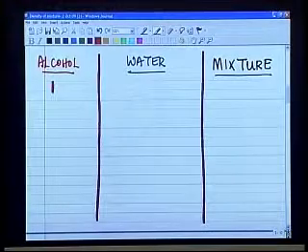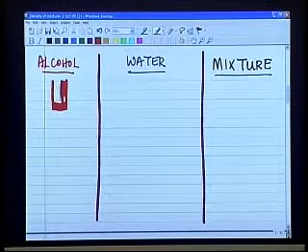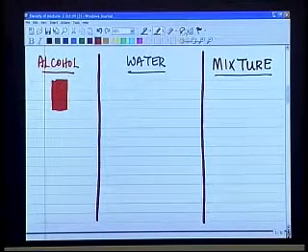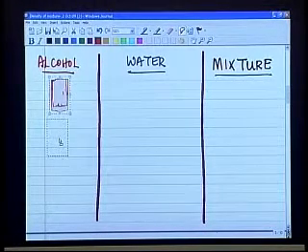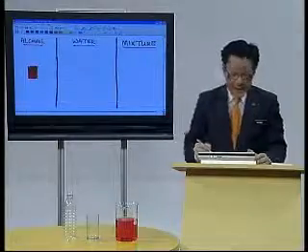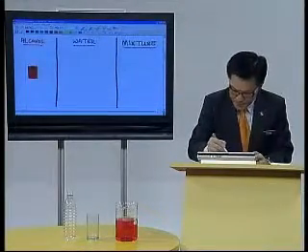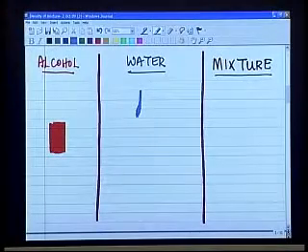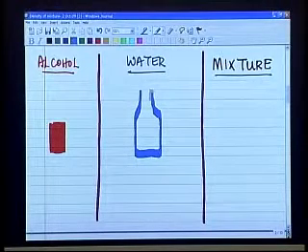So just now I had my alcohol. Right? This is the alcohol. Okay. And then I had my water, isn't it? So I'm going to draw my water. The water was in the bottle just now, right?